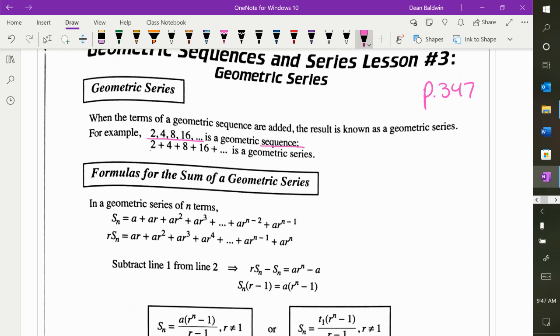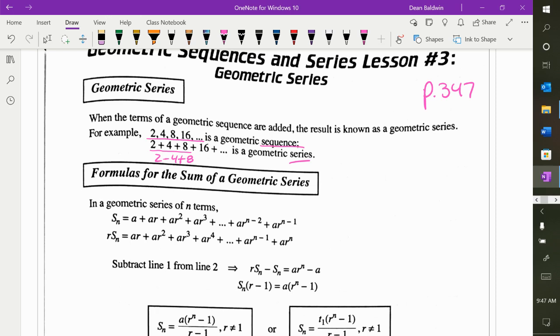If you are adding or subtracting, say -4 plus 8, when you're combining them to sum them, it is called a series. Just understand that when it's commas in between the numbers, it's a sequence. When it's adding, it's a series.